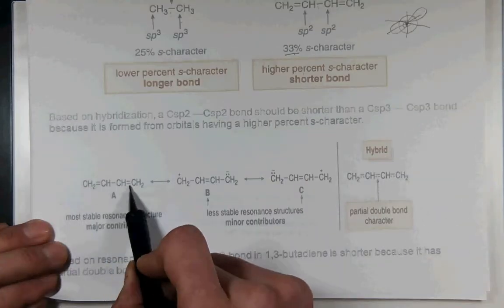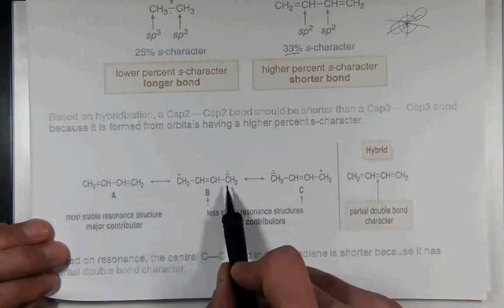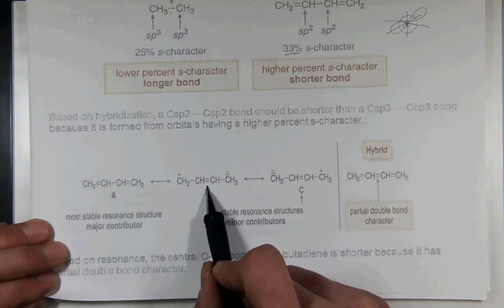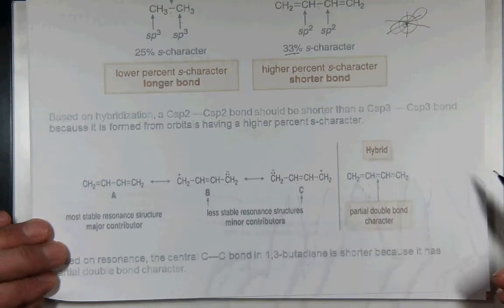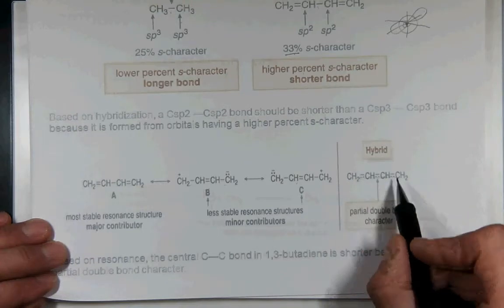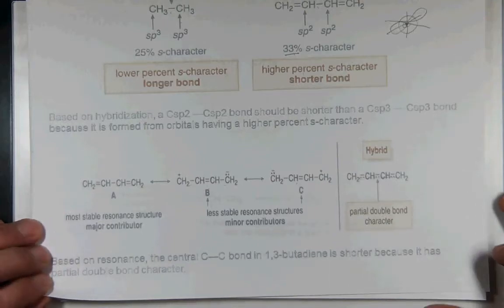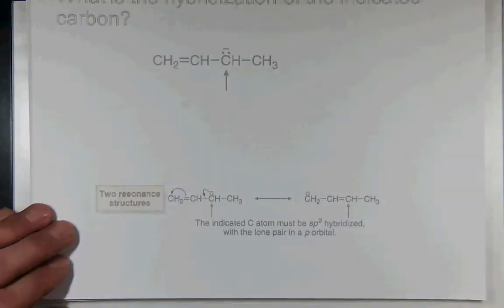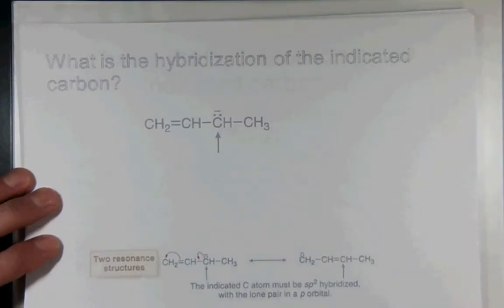Here, this is a conjugated system, and I was saying how this double bond is kind of smeared out. You see there's partial double bond character in these resonance structures. So in the hybrid, the double bond character is smeared out among all four atoms. What is the conjugation?